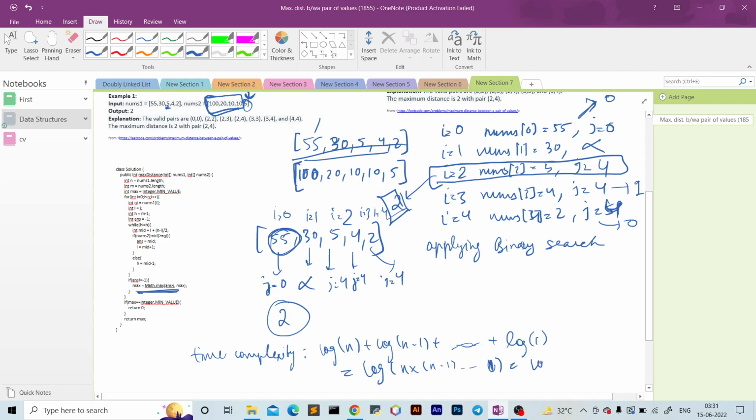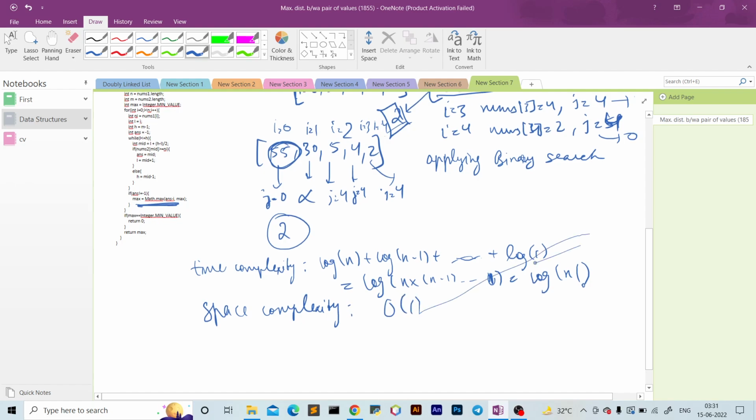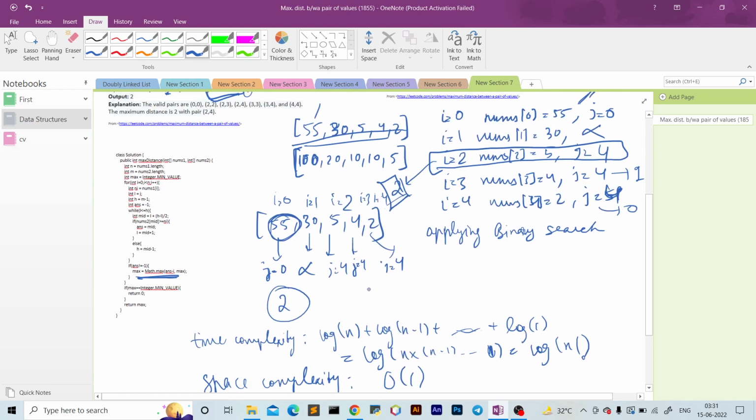This is also log of n factorial, and the space complexity would simply be O(1) because I'm not using any auxiliary space.